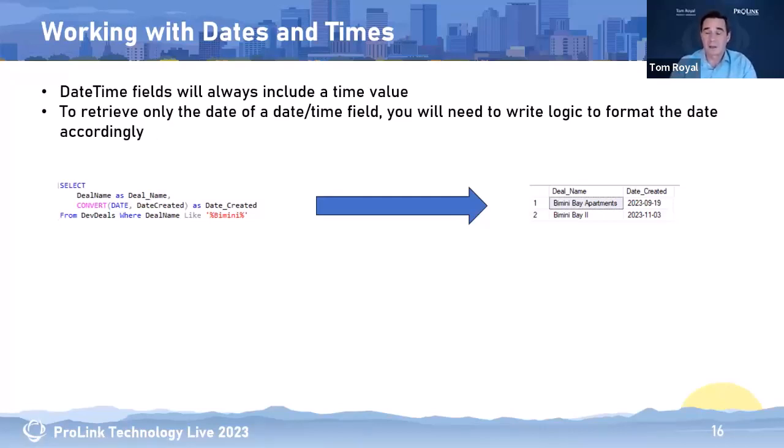That might be perfect for your needs. You may want to know exactly the time a record was written, or something like a checklist was completed. However, there are also times when in your report you only want to see the date, and you may not want your report to always show the date and midnight, for example.